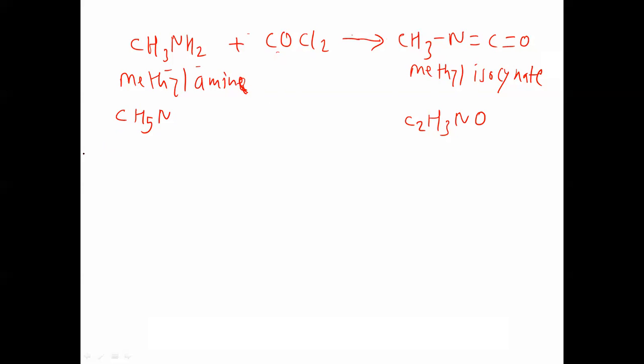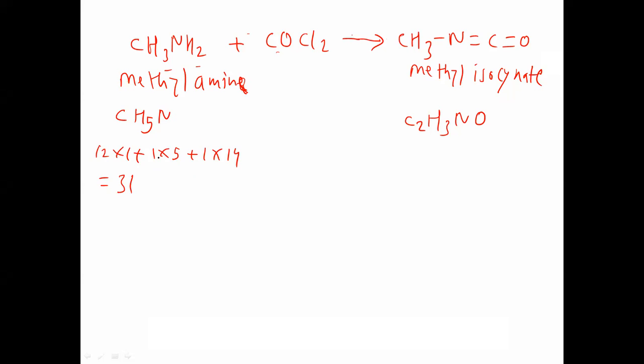Just calculate the molecular weights. For methylamine, carbon is 12, so 12 into 1, plus 5 hydrogens, 1 into 5, plus nitrogen 14. Altogether it becomes 31.